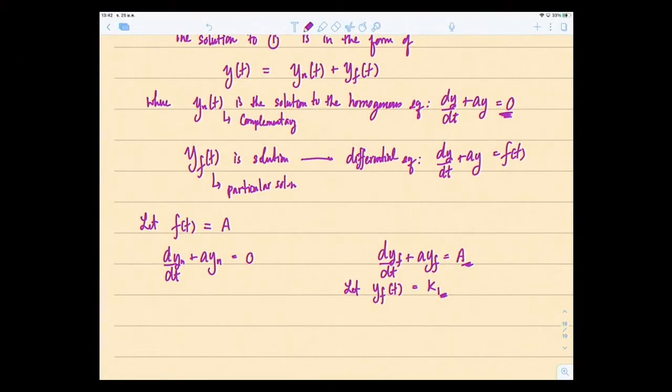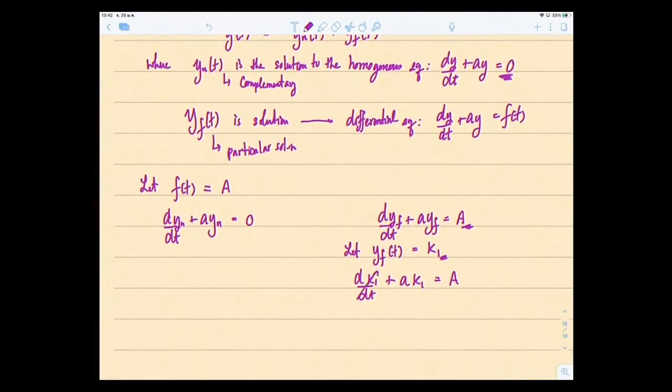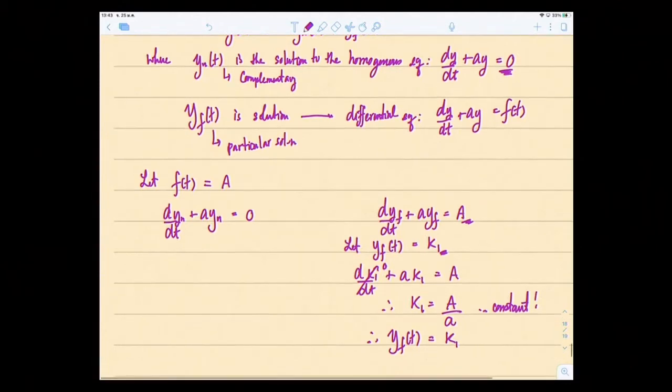Substituting back into the equation, dk1/dt plus ak1 equal to A. Well, dk1/dt is 0, so k1 equals A over a.